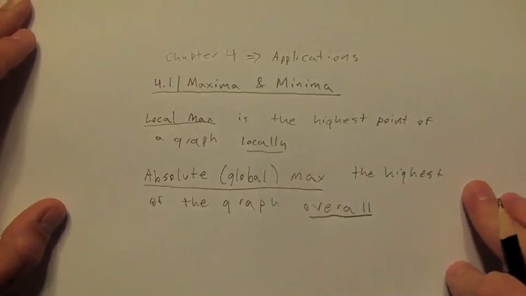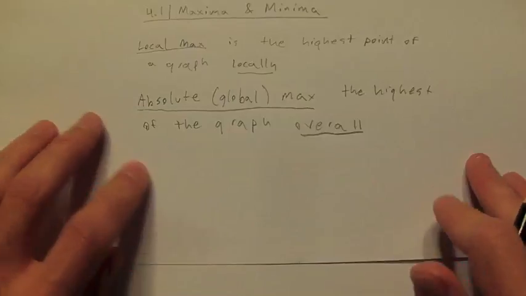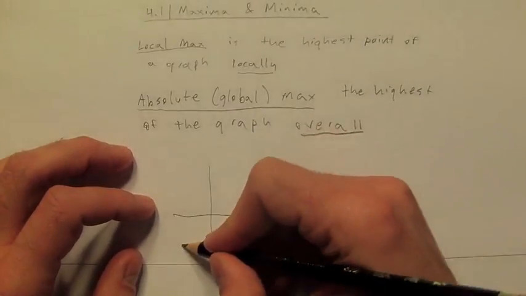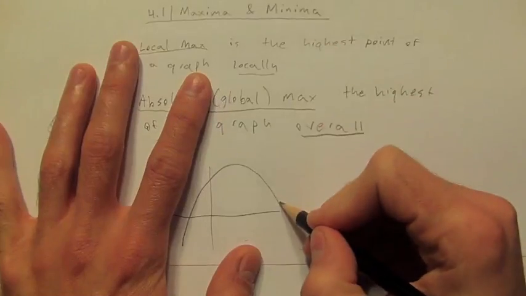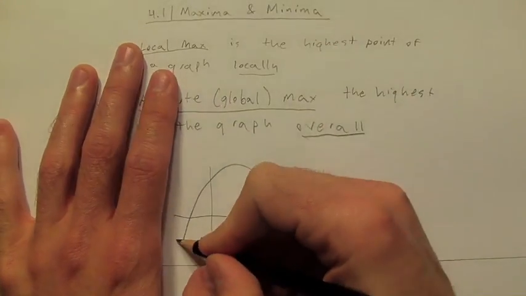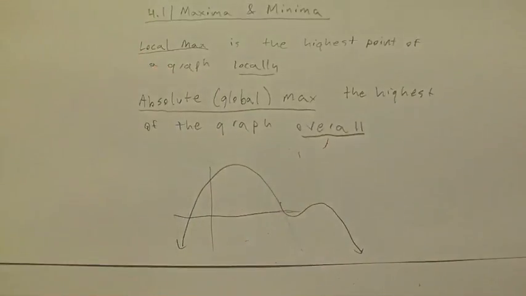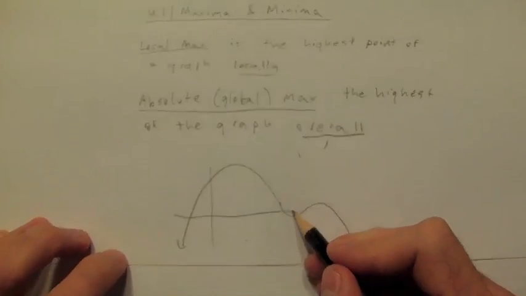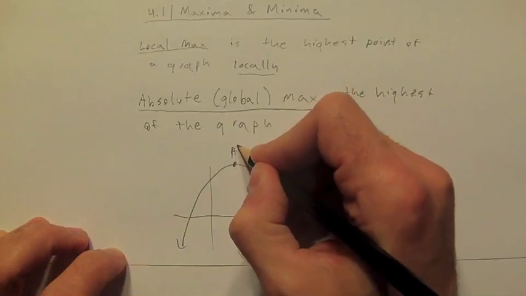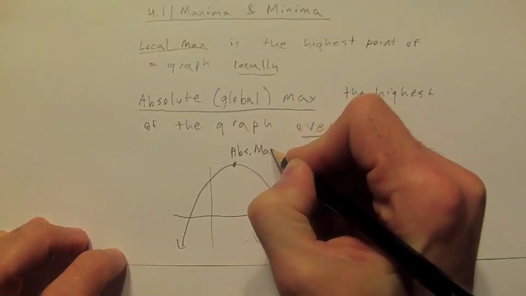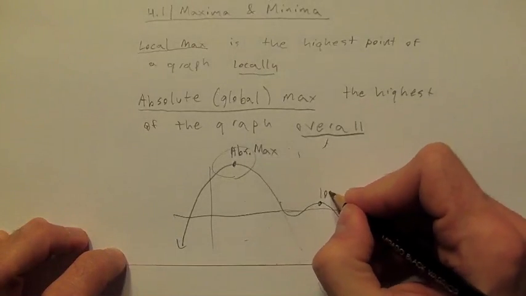Okay, so what I mean by that is if, let's say, I have a graph that looks like this, right, the highest point of the graph overall is right here. So here's the absolute max. But this is also considered a local max, right?